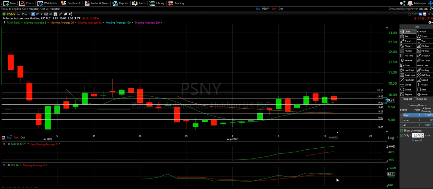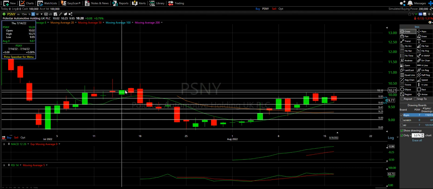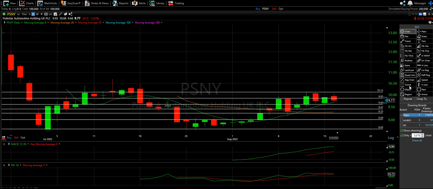The one sad thing is it looks like the RSI is kind of cooling down, so we might be coming down a little bit on PSNY. But look, once it closes above 10-12, there's very little stopping it. You can almost put another line right here at the 1021.